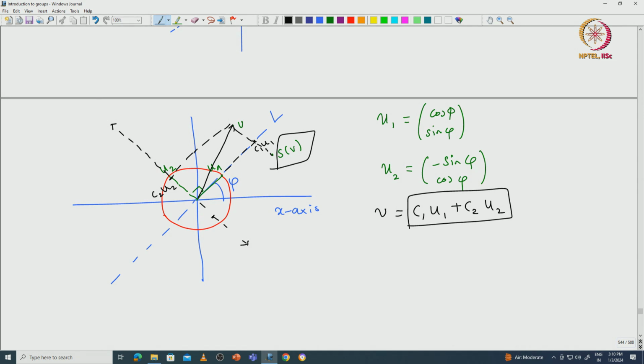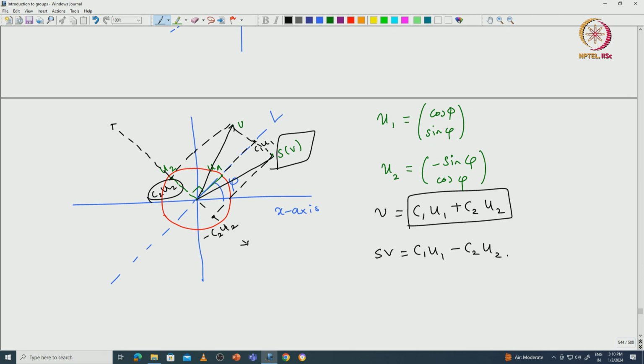This is going to be just the opposite of this C2 U2, so this is going to be minus C2 U2. Then if you complete this parallelogram, you can see that SV has to be C1 U1 minus C2 U2. So, that should be the very explicit formula for this SV.